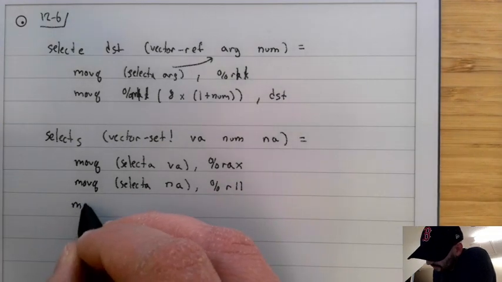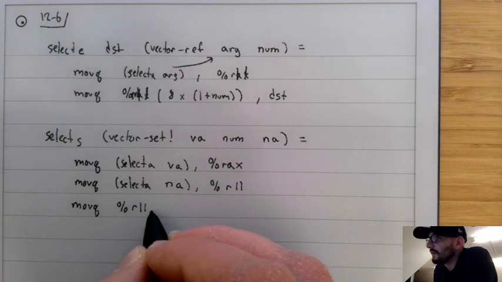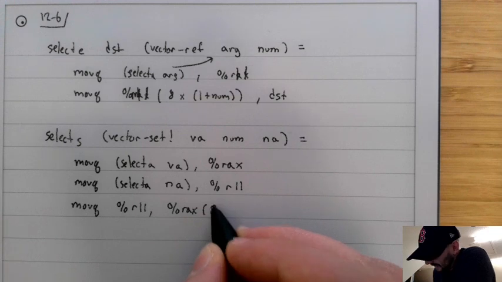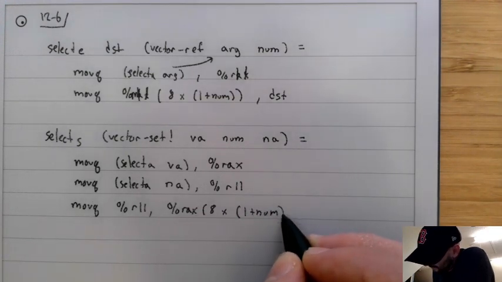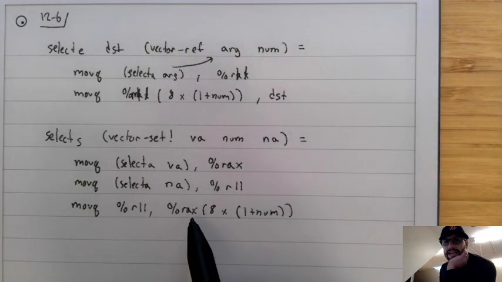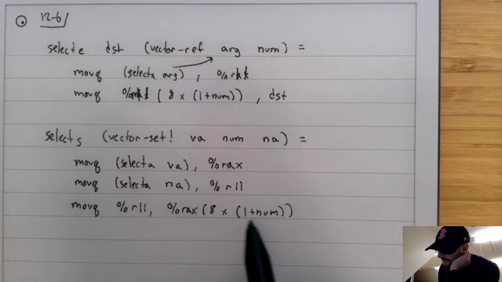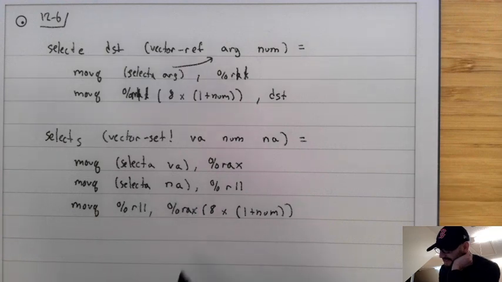Then we're going to move R11 into %RAX 8 times 1 plus the number. So that's going to use RAX as a base pointer, offset it by 8 times 1 plus n, and move R11, which is select A of the new value, into there.